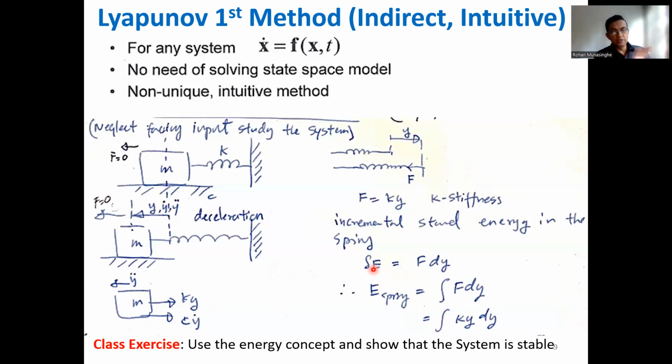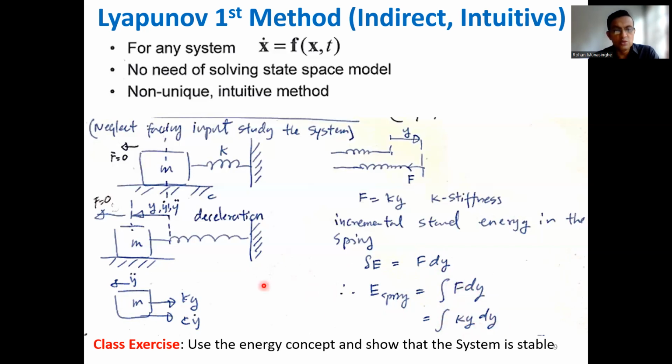Now, because the motion is on the horizontal plane, there's no change in potential energy. It's only the kinetic energy that is being stored in the spring. So the total energy in the spring is what you get if you integrate F times dy, and this becomes ky dy.